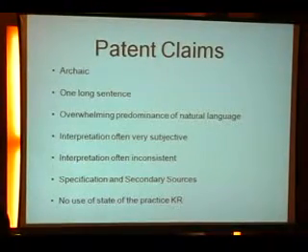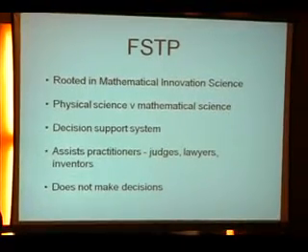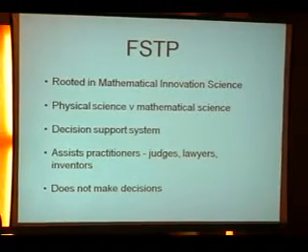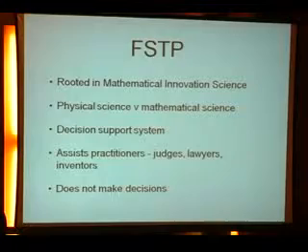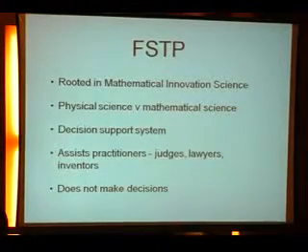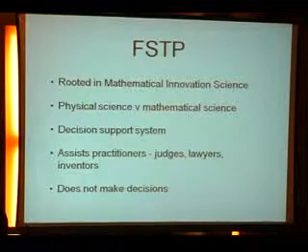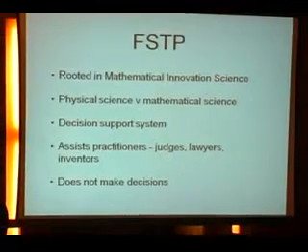So FSTP is rooted in mathematical innovation science. Now, there's a subtle difference between physical sciences and mathematical sciences. Physical sciences have to represent reality, so there is a limitation, in a sense. They have to conform to nature. Math doesn't have to conform to nature.